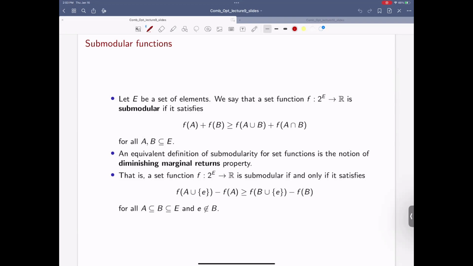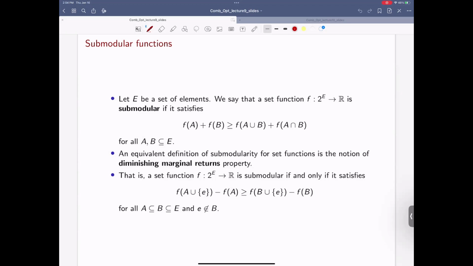Perhaps this is relevant to many applications in practice because of the following equivalent definition. The function is submodular if and only if it satisfies the diminishing marginal returns property. If you have taken economics 101, it's used in many places in economics, and it's defined in terms of submodular set functions this way.